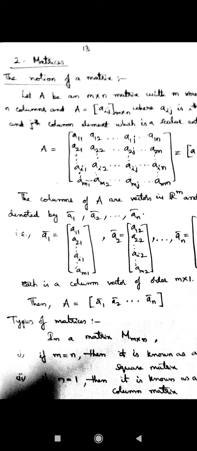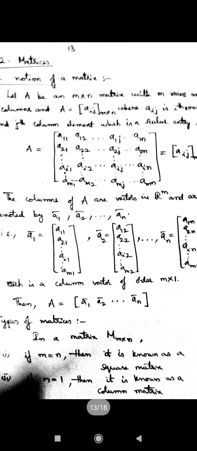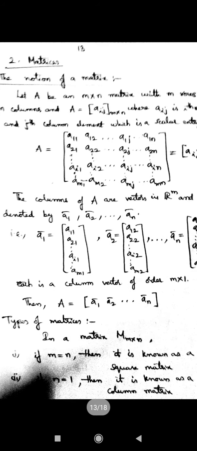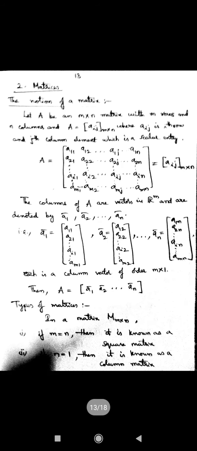So, types of matrices now. What are the types of matrices? Let us see. In a matrix of order m by n, if m is equal to n, if the number of rows is equal to the number of columns, then that matrix is said to be a square matrix. And if n is equal to 1, then that matrix is called a column matrix.